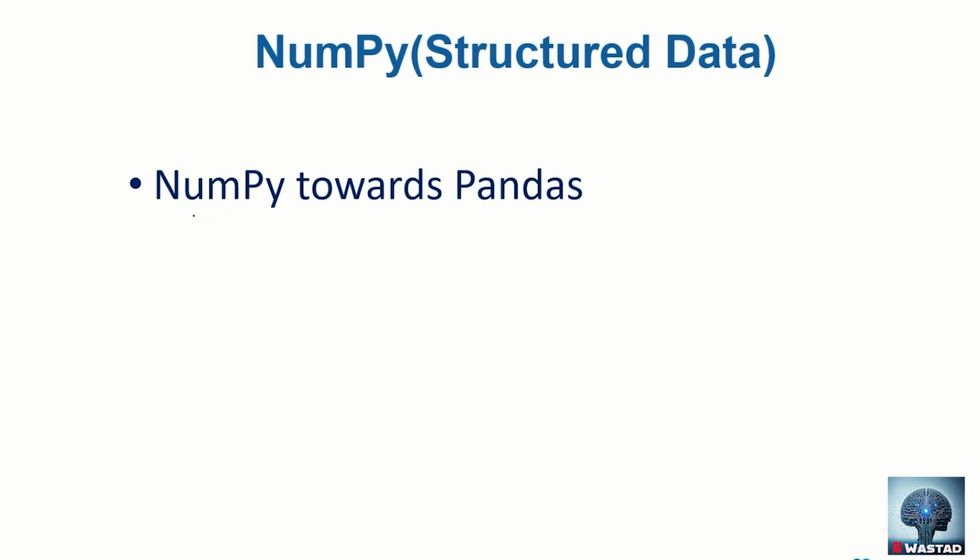But there is a way to store heterogeneous data, data that involves, for example, integers, strings, and floating point numbers, a mix of several data types. There is a way to manipulate that data using NumPy, and that kind of data is sometimes called structured data or records, which usually make the basis of databases.